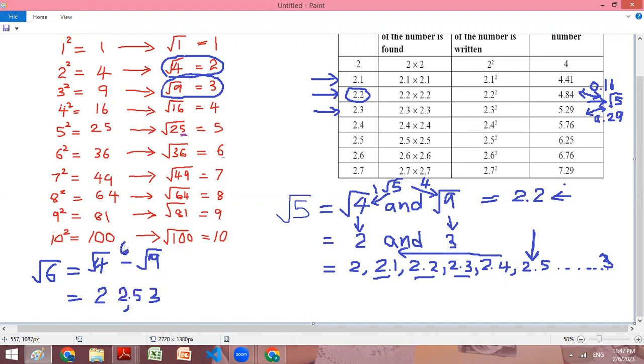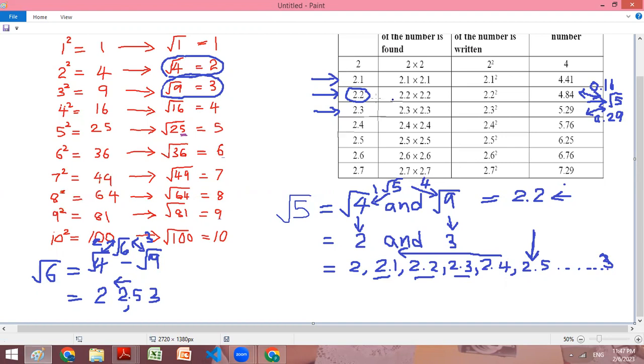The difference between the square root of 6 and the square root of 4 is 2. The difference between 6 and 9 is 3. Also, it is closer to the square root of 4 than the square root of 9. Therefore, the square root of 6 is also close to 2.